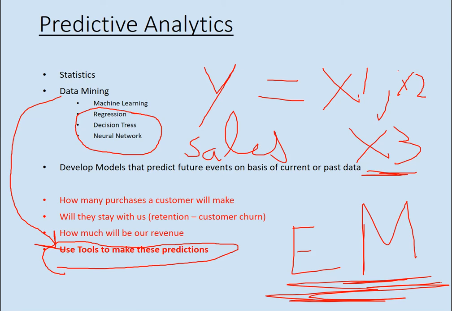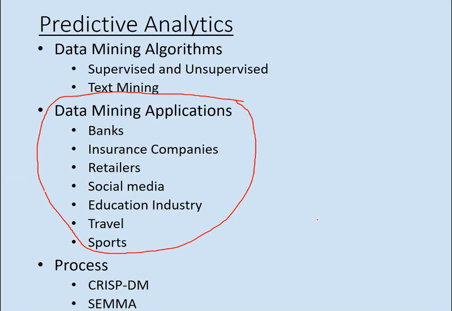Our goal is more to get the data, have business domain knowledge, then use a tool, Enterprise Miner, to do data mining on it, and then have the ability to understand the results and share them with our business people. I already talked in quite some detail about supervised and unsupervised learning algorithms.